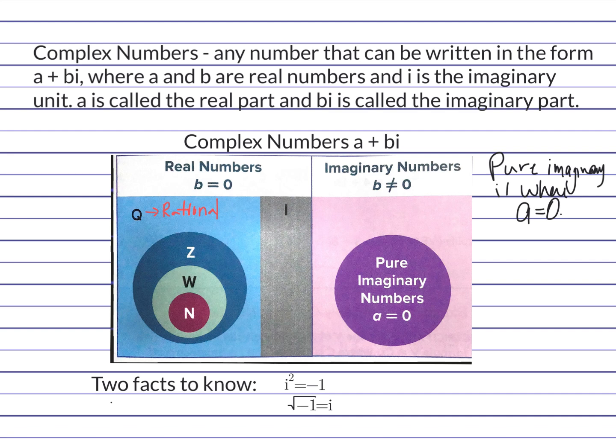The I stands for the set of irrational numbers. Real numbers are broken down into rational and irrational numbers.